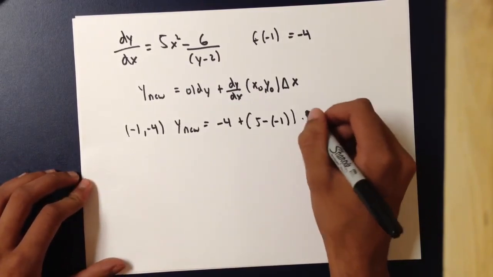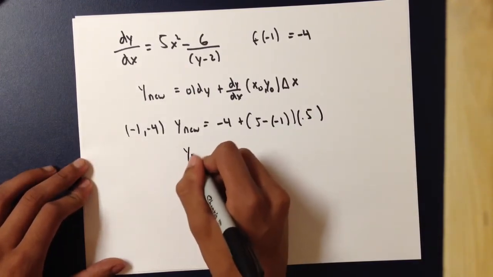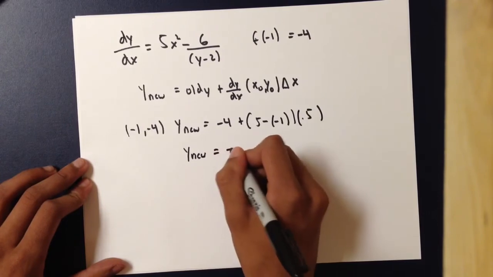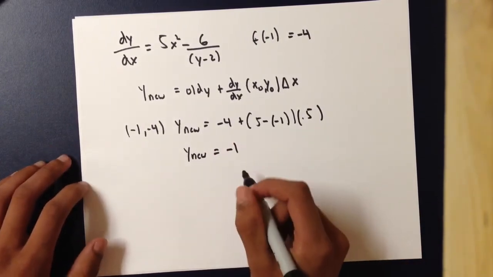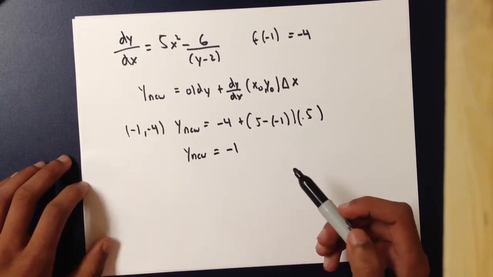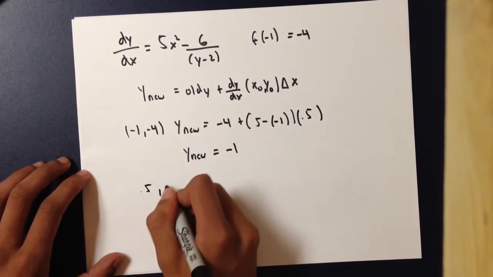So that means that delta x would be 0.5. So now the new y would be equal to -1. So now we have our new y, and since we want to move up half a step in the x direction, our new point would now be (0.5, -1).